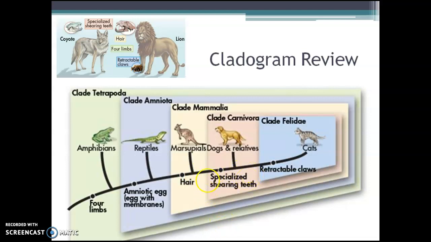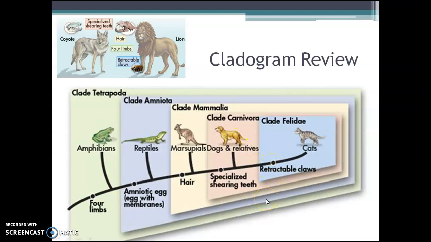Specialized shearing teeth defines clade Carnivora, any animal that would be a carnivore. And remember, dogs are carnivores, and also cats are considered carnivores. But in terms of clade Felidae, the felines, dogs do not belong to that because they lack retractable claws.